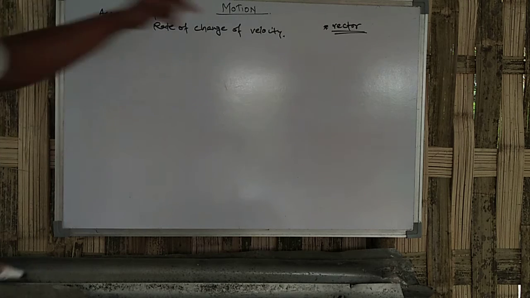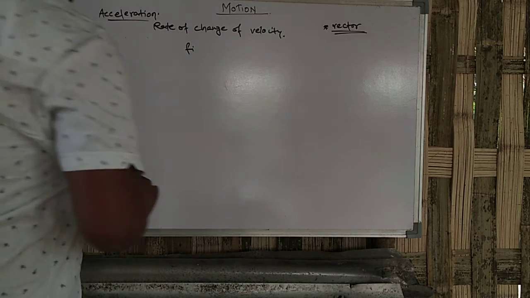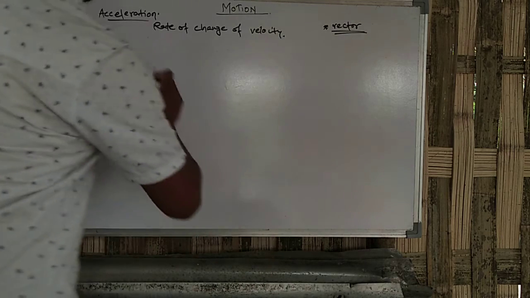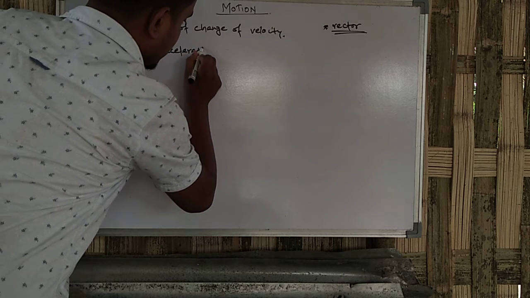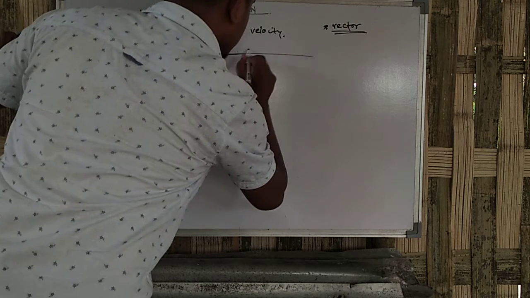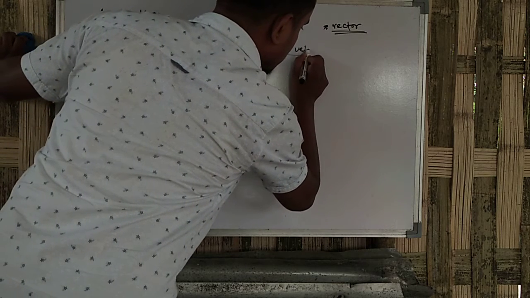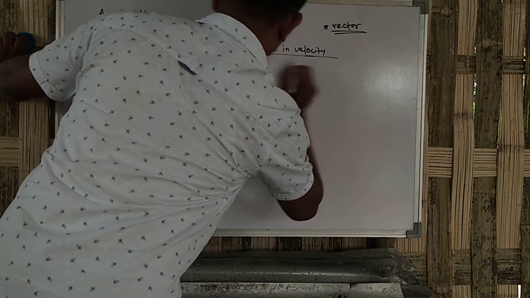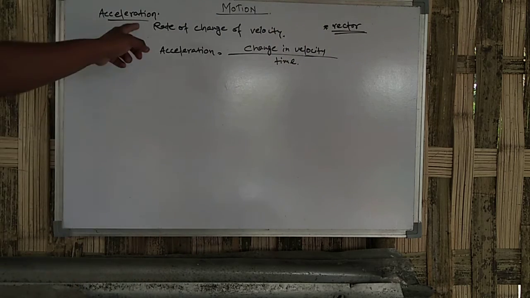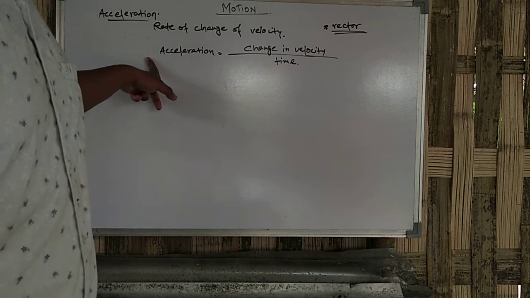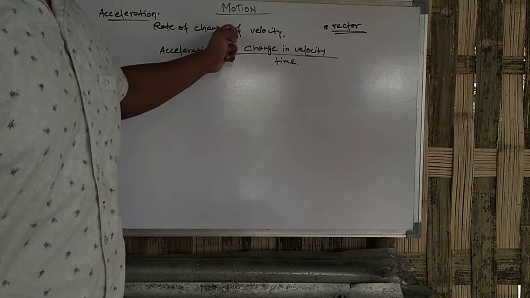Change in velocity, that means we can write rate of change of velocity, or directly we can write acceleration is equal to change in velocity divided by time. That means rate of change of velocity.